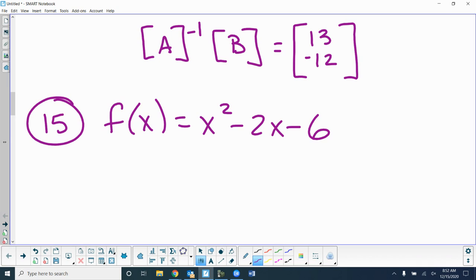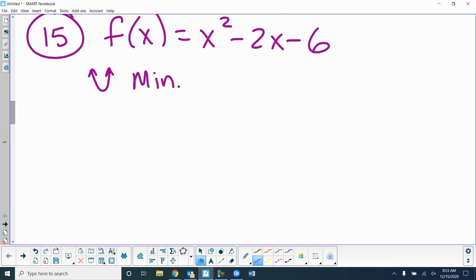Does this open up or down? Up. Why? Positive 1 there, right? So do we have a min or a max we're looking for? Min. What we did to find the min is we found the vertex. So to find the vertex, I have to find the axis of symmetry first.